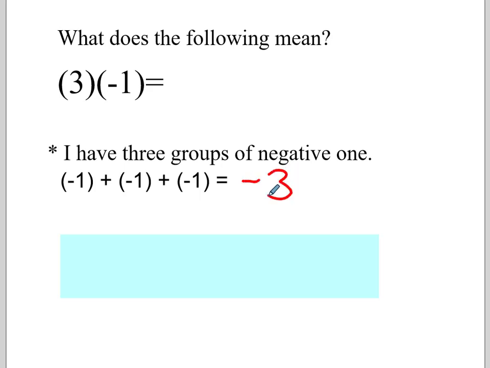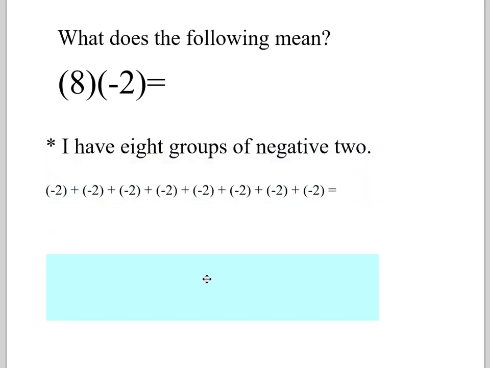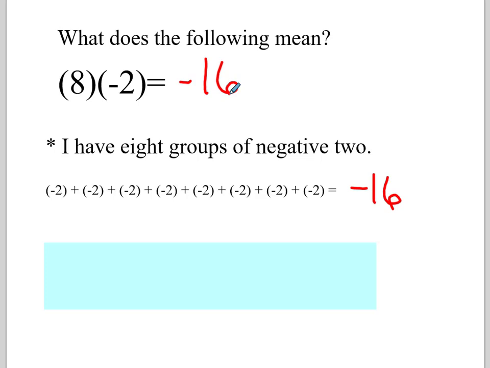What does 8 times negative 2 mean? Well, that's 8 groups of negative 2. So again, I have 8 groups of negative 2 that are all added together, and if we add them all together, we end up with negative 16.